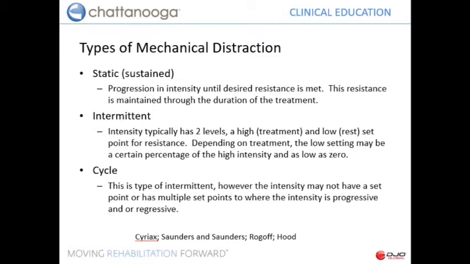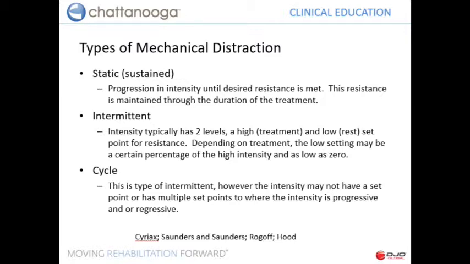And then we have cycling. This type is a form of intermittent, except there may be no repeat in the level of intensity. So it may go through a complete progressive increase in the intensity. It may go from 0 to 5 to 10 to 15 to 20 to 25 pounds, all the way until it reaches a peak.